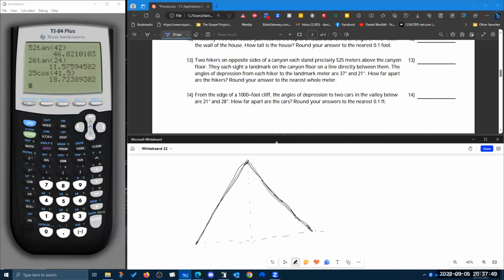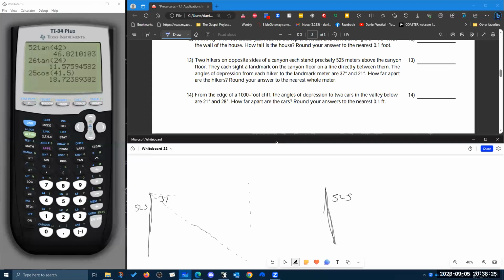Okay. And the angles of depression, let me draw this a little better. So this one's up in the air here. This one's up in the air here. And this one is 525, and this one's also 525. And this one's looking down 37 degrees, looking down a little bit more.